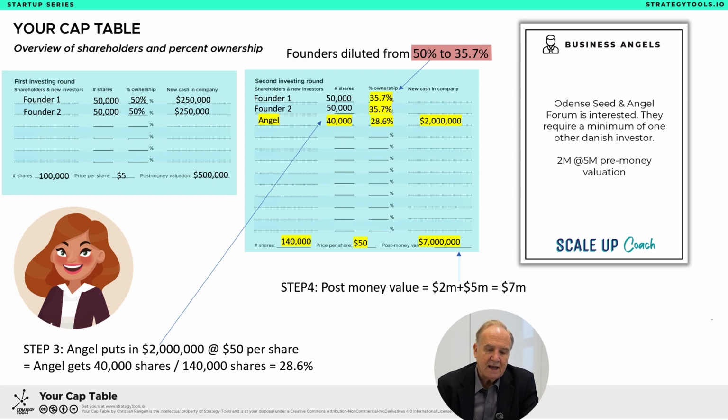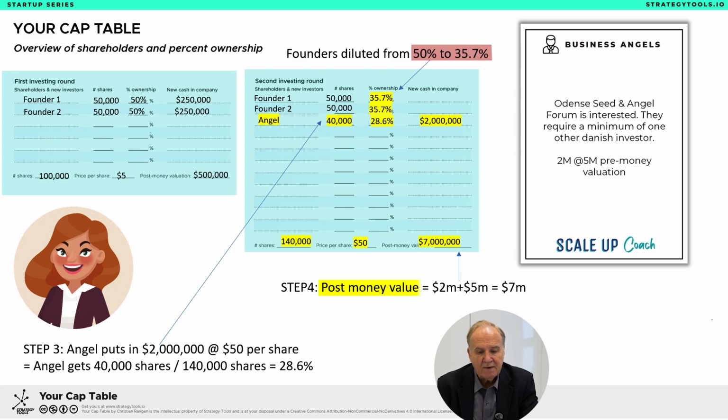This also means that the angel investor who now gets 40,000 shares will have 40,000 divided by 140,000, which is 28.6% of the ownership.